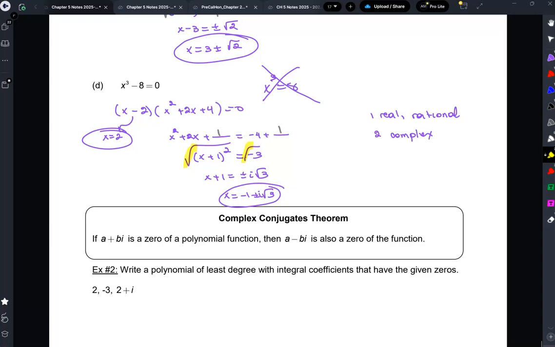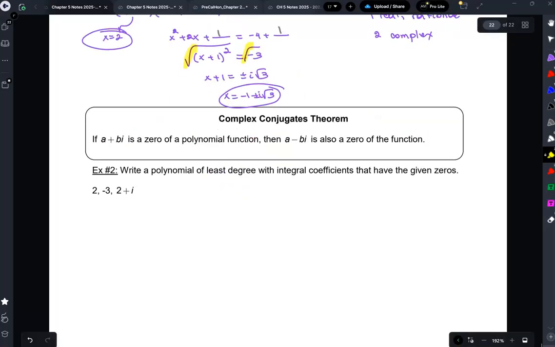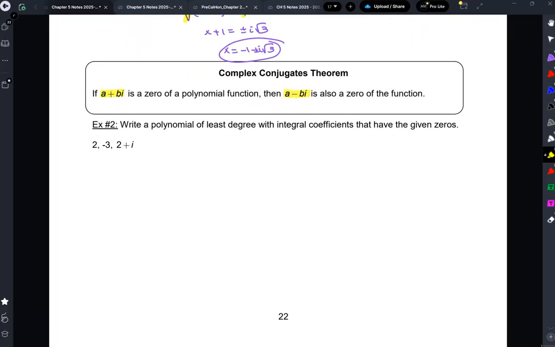It's always going to be plus or minus. So complex solutions always come in pairs, which means if a plus bi is a zero, then its complex conjugate a minus bi is also a zero of a function, right? So now we have to write a polynomial function given the zeros of it.